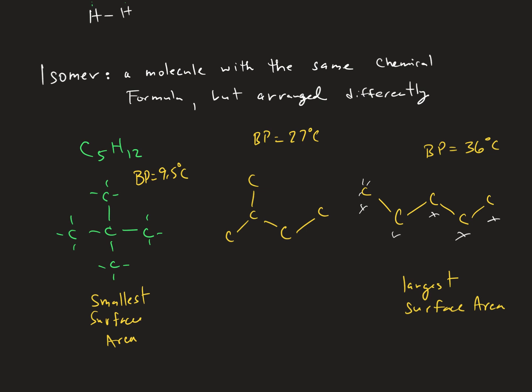When it's over here, you only have 1, 2, 3, 4 points with 4 other points. This one has 5 points. And right over here, you have 1, 2, 3 points. This one right here can't really, it's kind of right smack in the middle, so it's in the way of things. You can have a harder time with that intermolecular force. Does that kind of make sense? Why a bigger surface area, or a different structure, makes a higher or lower melting point?